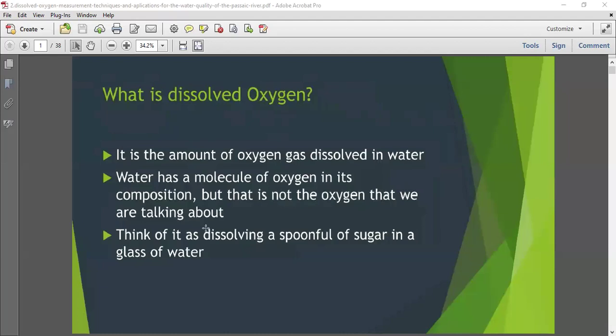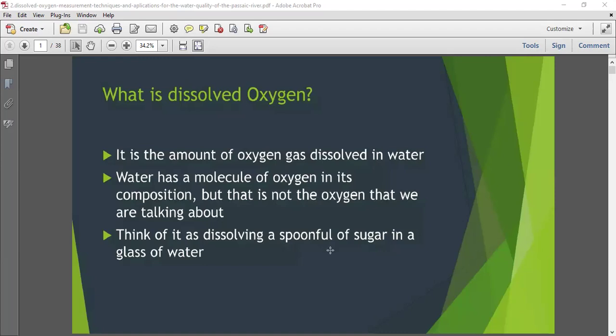What is dissolved oxygen? It is the amount of oxygen. This is the definition we saw previously: the amount of oxygen gas dissolved in water. Water has molecules of oxygen. Normally, you know the molecular compound of water: two hydrogen and one oxygen, H2O. This is a molecule of H2O, but that is not the oxygen that we are talking about.